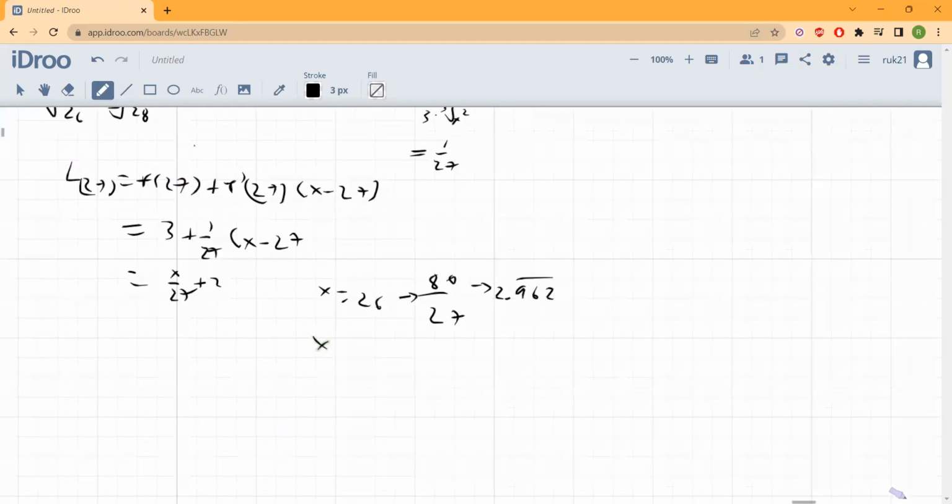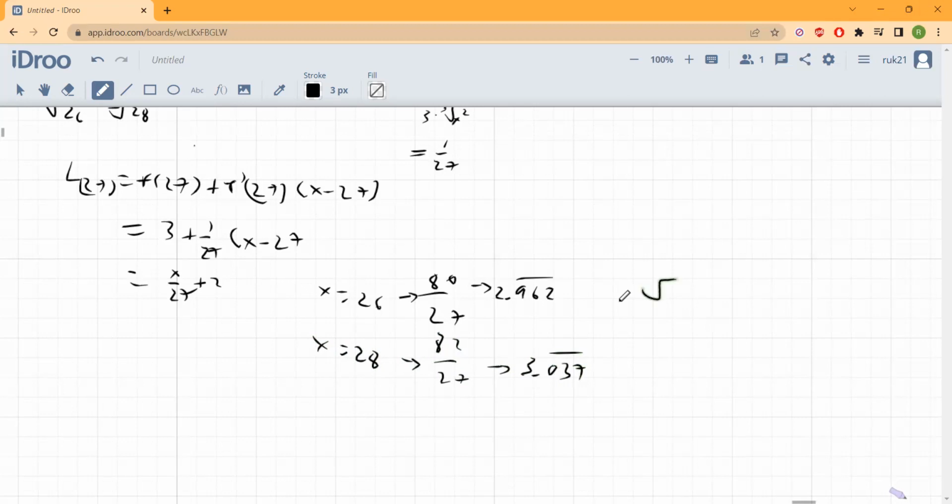Then we have x equal to 28. In this case, we just plug in 28. So at x equals 28, we get 82 over 27, which is the same thing as 3.037.